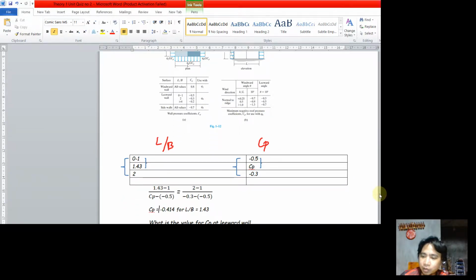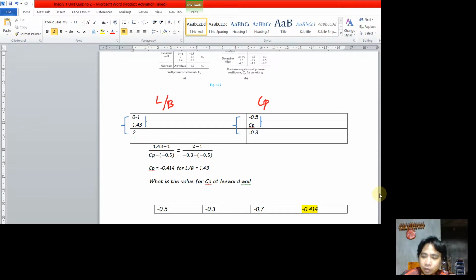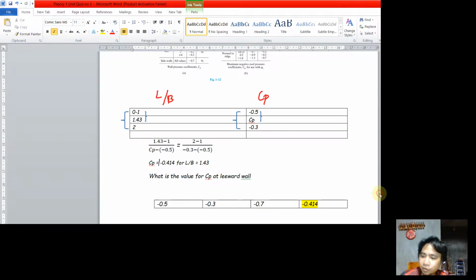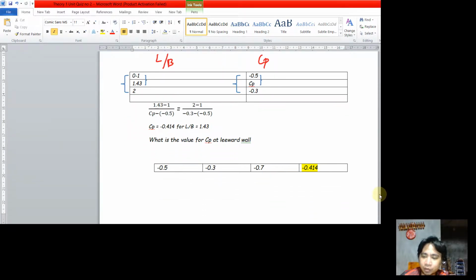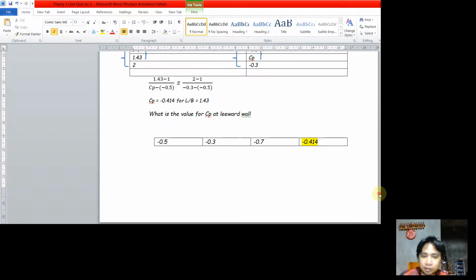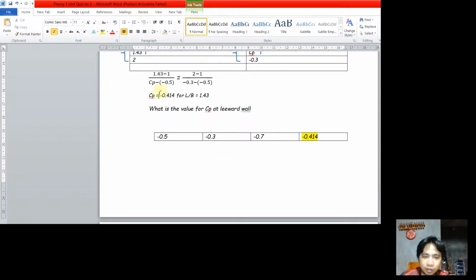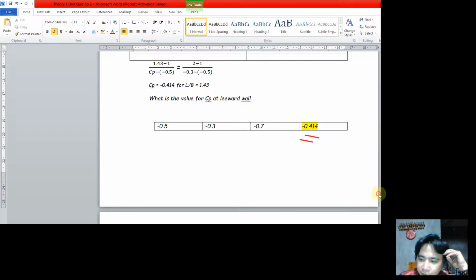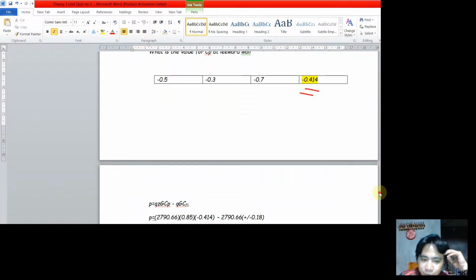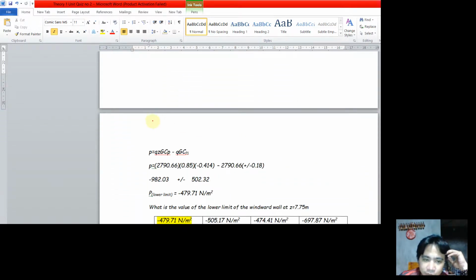So we come up with Cp equal to negative 0.414 for an L over B of 1.43. So basically, that is the value for Cp at the leeward wall, which we got by interpolation. We just substitute that. Again, this is to be used with QH.